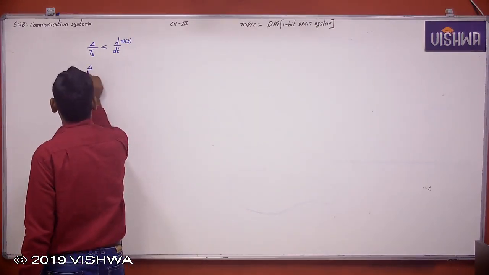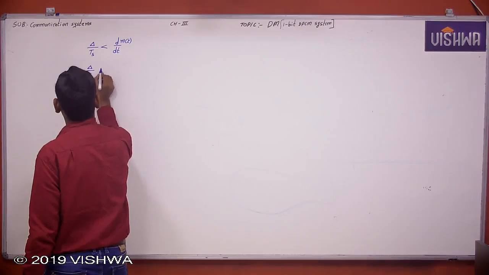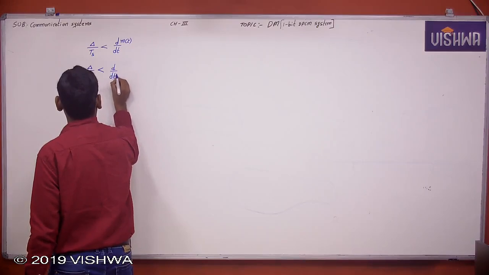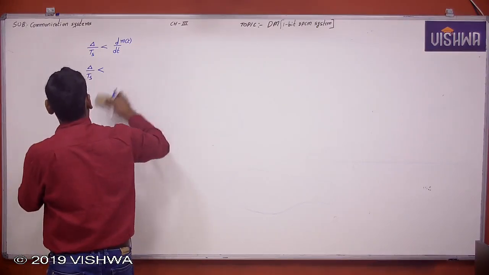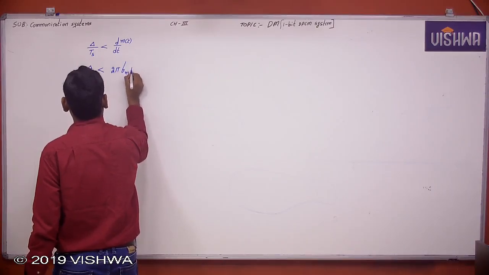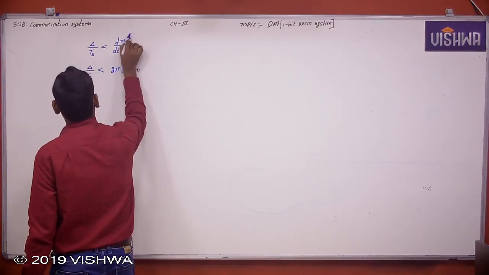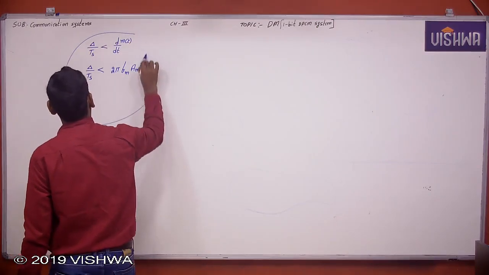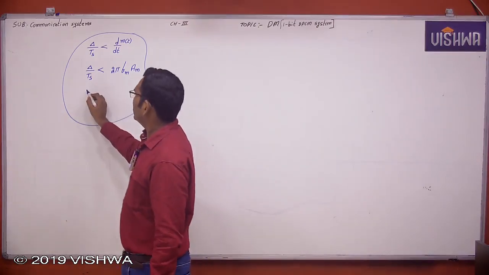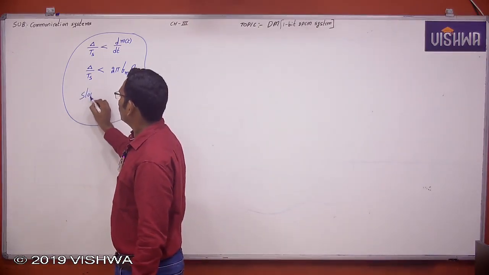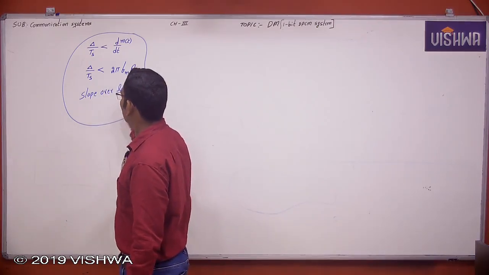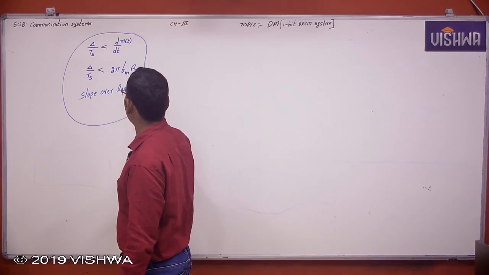Which means the slope of the reconstructed, staircase approximated signal is less than the slope of the message signal, where the condition is that it is less than 2 pi fm into Am. Now when these two slopes are not the same, definitely error will occur. This error is called slope overload distortion. This is the slope overload error.